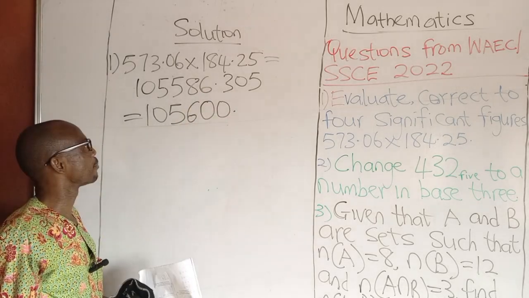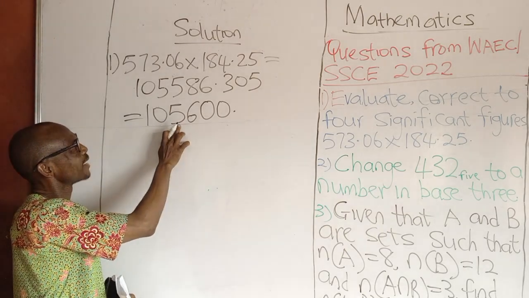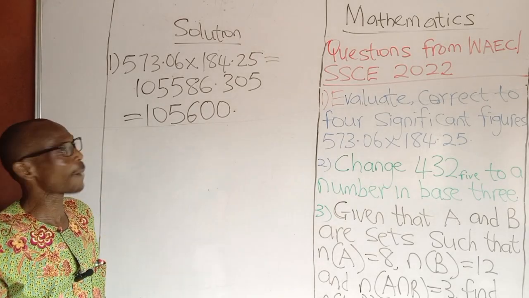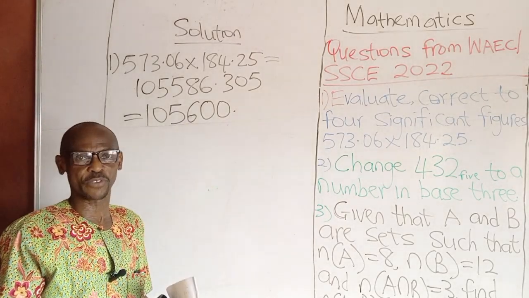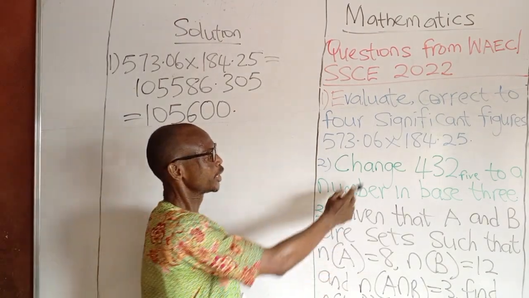So our answer becomes 105,600. We have approximated to 4 significant figures.